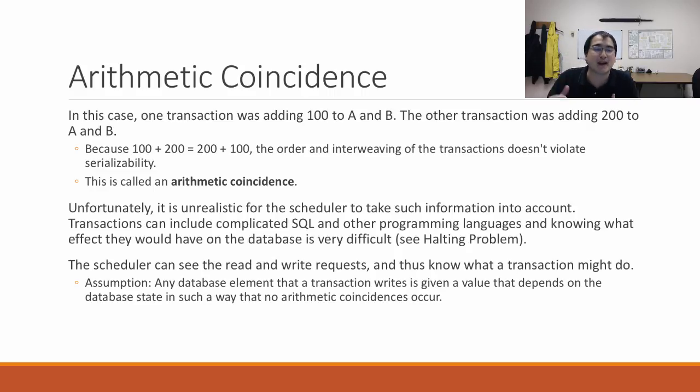It can't use the fact that 100 plus 200 is the same as 200 plus 100 to help itself. So even though when writing these schedules by hand you might be smarter than the scheduler because you can see that this order doesn't matter, in general we don't care exactly what's being written. We just assume that the thing being written is unique, and in some way not connected to these sorts of chance encounters.